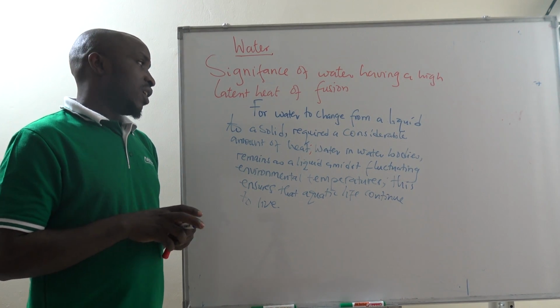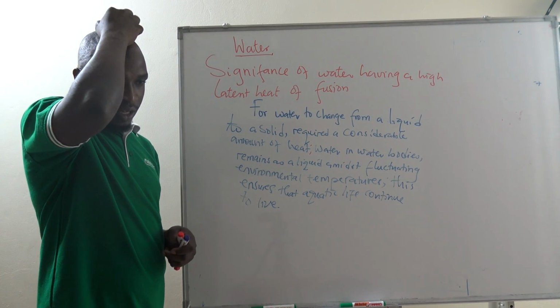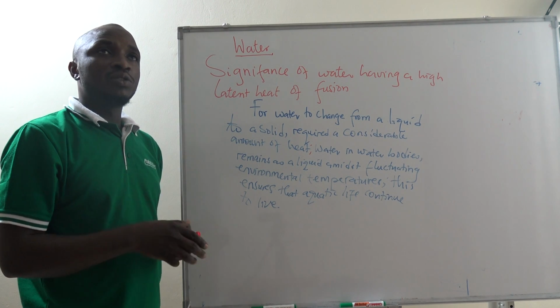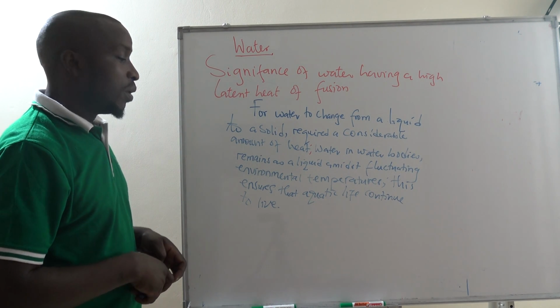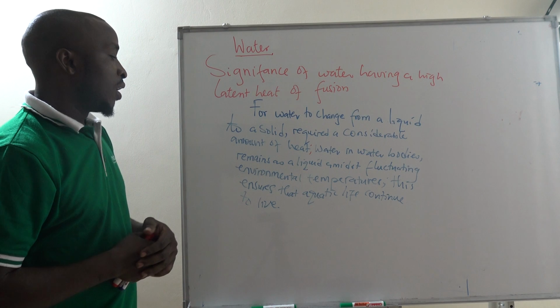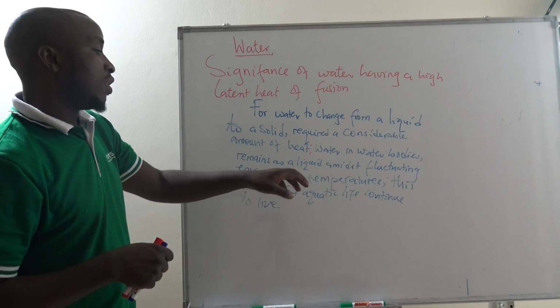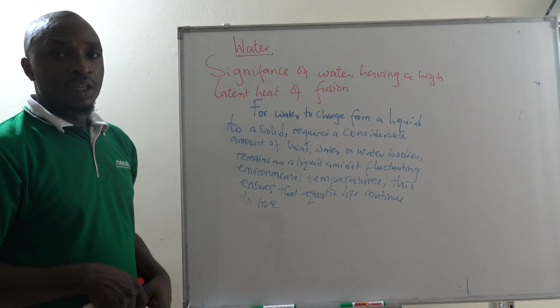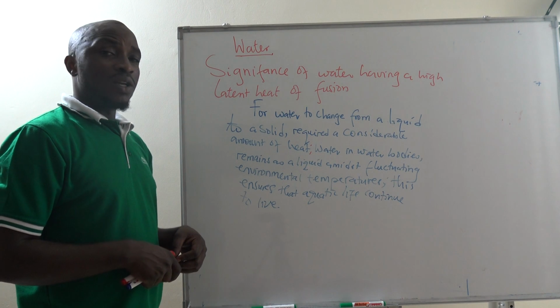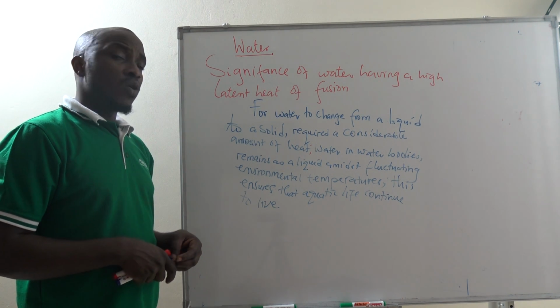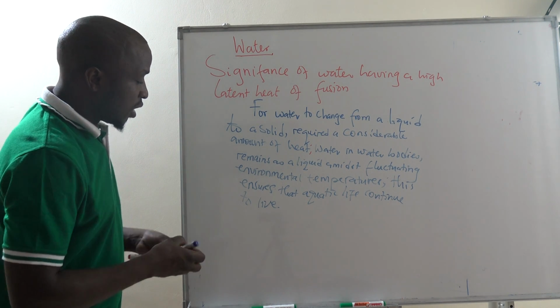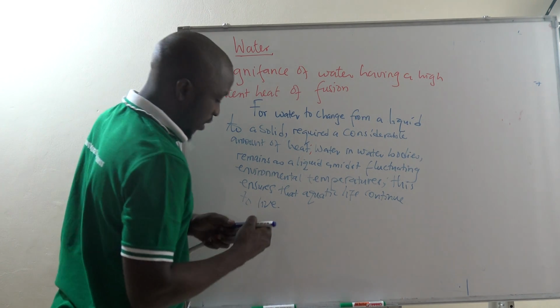So imagine if water bodies were freezing when the temperature is lower than 5 degrees Celsius, and water in water bodies becomes a solid. It would mean that aquatic living things will no longer move. But it also has meaning to other living things.